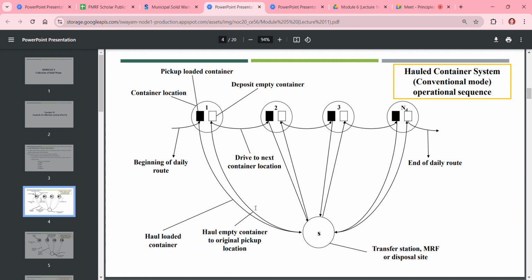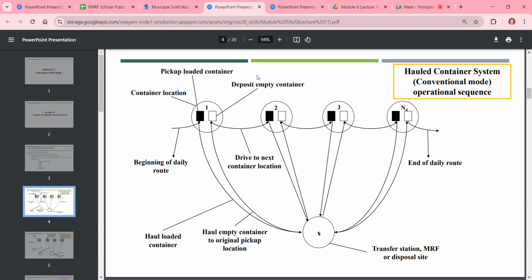We will pick up the container from the first location, and we will haul it to the transfer station or maybe disposal site, or it can be MRF, like material recovery facility. We are going to haul it till that stationary point, and we are going to empty it.